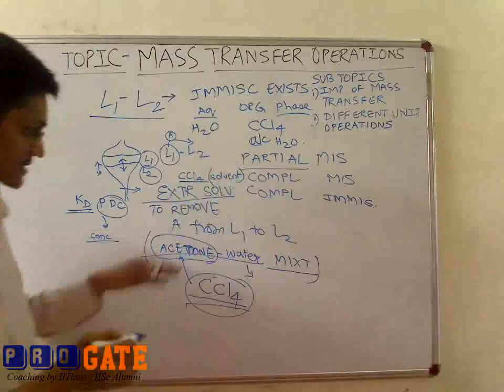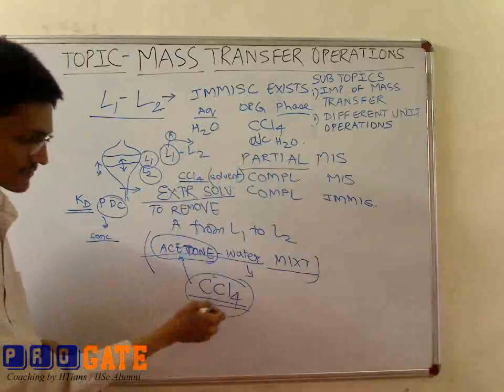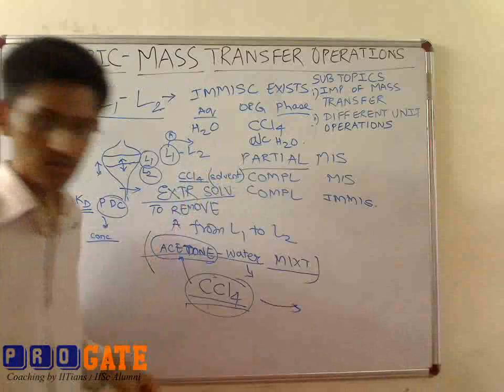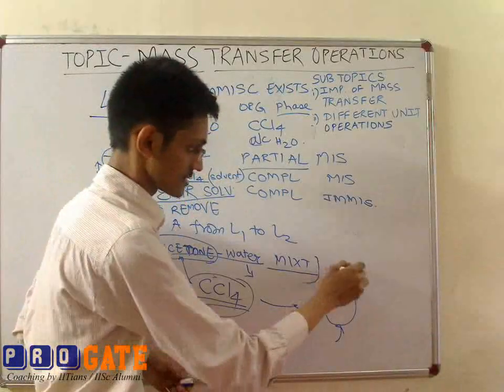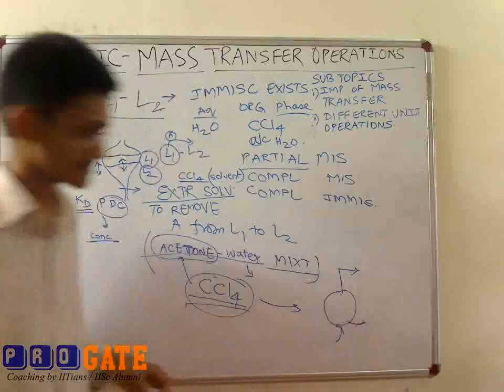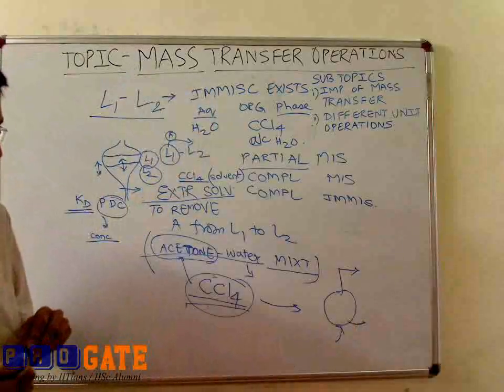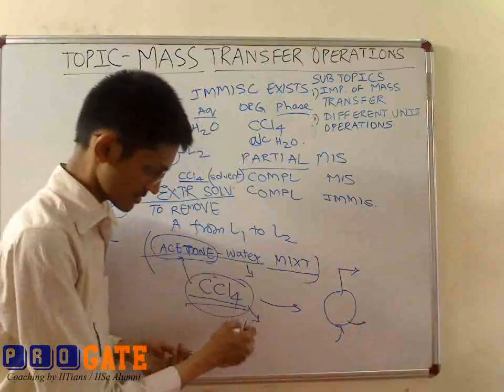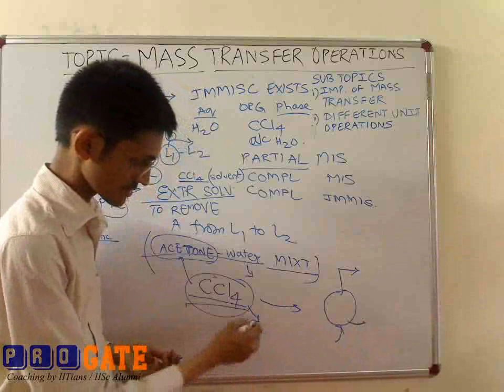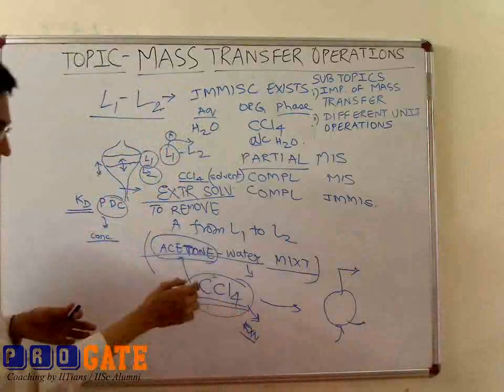Now again, if you are interested in recovering acetone from CCl4, you have to go for further unit operation, maybe distillation if there is a relative boiling point difference, or carry out some other reaction depending on selection of the solvent.